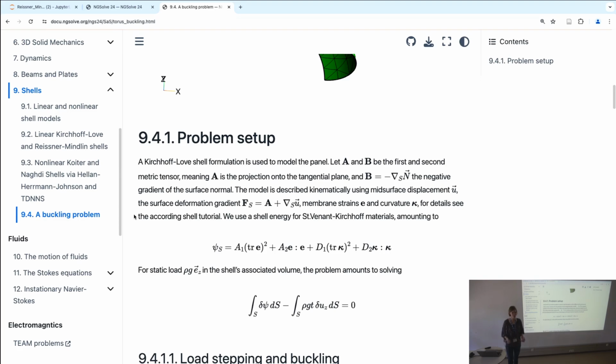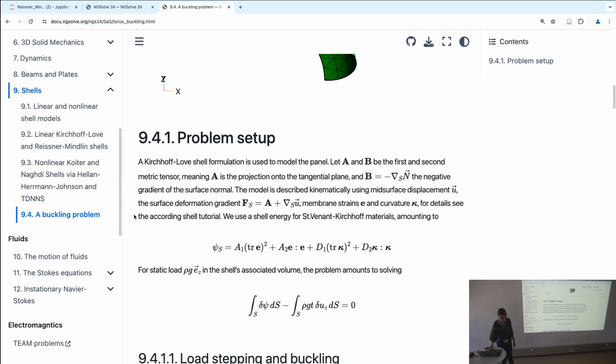You would talk about curvatures, about membrane strains, about moments, and all you have to do is copy Michael's code and then exchange the energies he put there, where he chose usually quadratic ones, by the more fancy ones you heard about, like we did last year, introducing a dielectric shell element or whatever. Do what you want, add degrees of freedom as you want, and then just say Netgen converge.